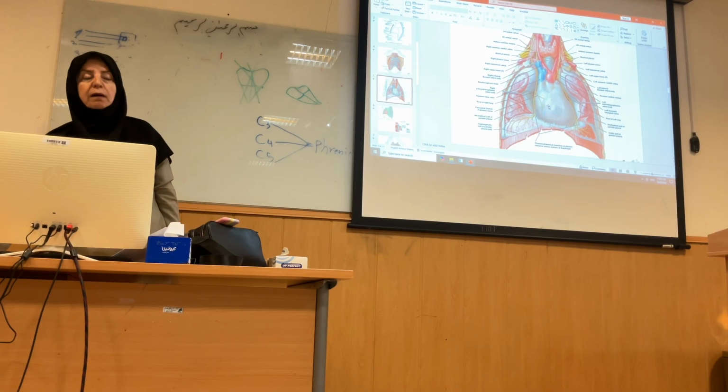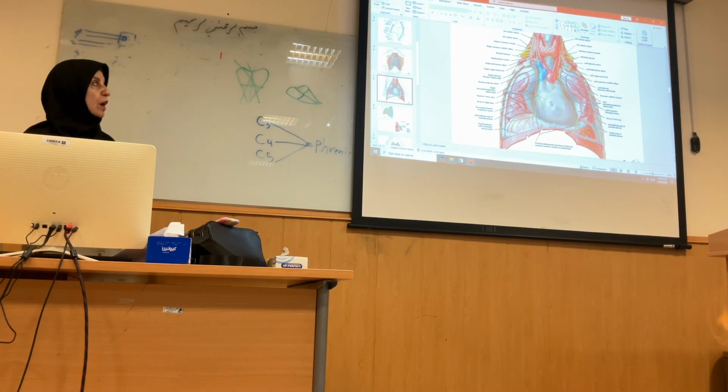Look at the pericardium. If I want to show you this vein, the name of this vein is the vena cava superior. If I want to show you the vena cava superior, I should cut and remove the pericardium. It means some part of the vena cava superior is inside of the pericardium, and some part is visible here also.